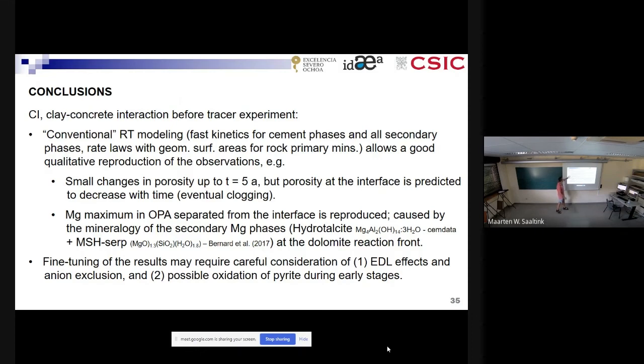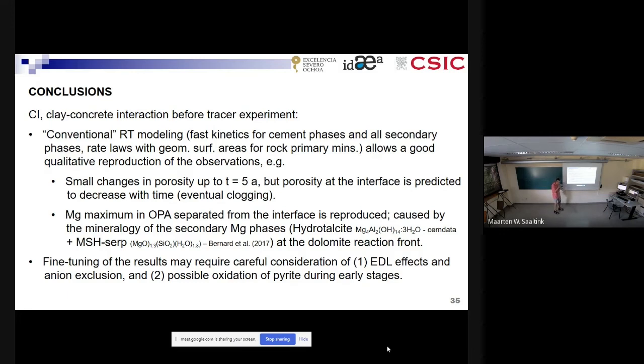This allows a good qualitative reproduction of the observation, meaning small changes in porosity up to 5 years, although the model predicts a stronger change in porosity with time, we'll see. And also, interestingly, this magnesium maximum close to the interface, but not right at the interface in the Opalinus Clay, which was a big puzzle. Now we see it's caused by the mineralogy of the secondary phases, this reaction from the dolomite, as you saw.